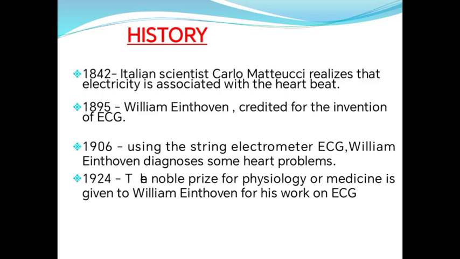Again, in 1906, Einthoven used a string electrometer, the first ECG machine, and diagnosed some heart problems with it. Einthoven got the Nobel Prize for his work in physiology of medicine, in 1924.